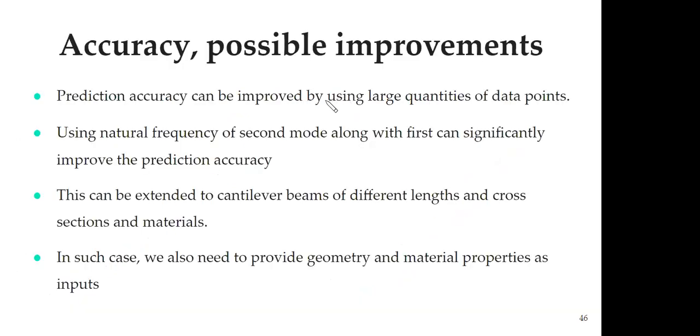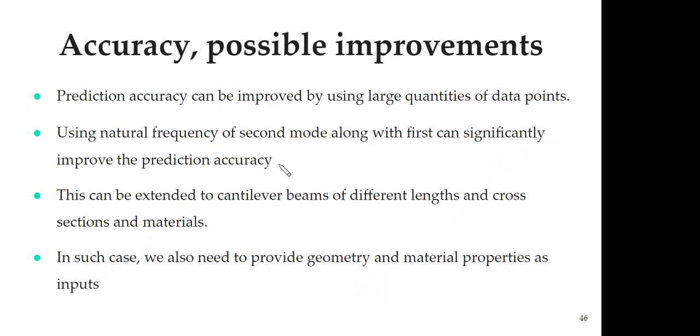Now, accuracy and possible improvements. Prediction accuracy can be improved by using large quantities of data points. We have collected so far only 22 data points, which is very little compared to the quantity of data that is used in machine learning in general. And we are only using the natural frequency of the first mode up until now.